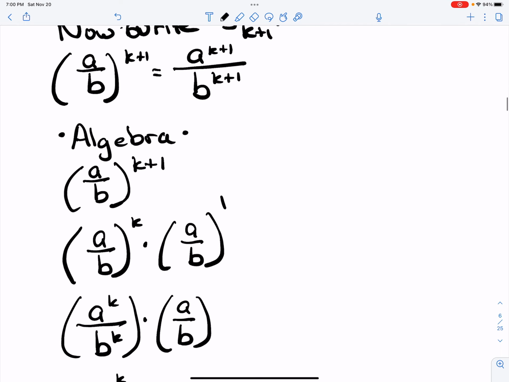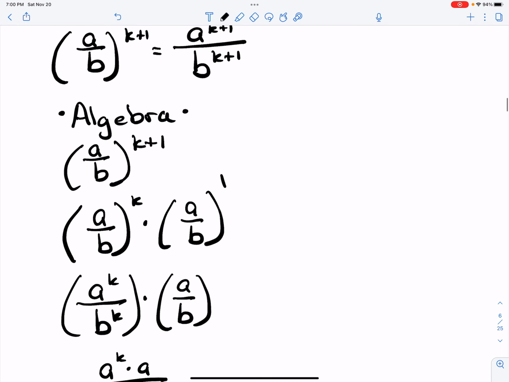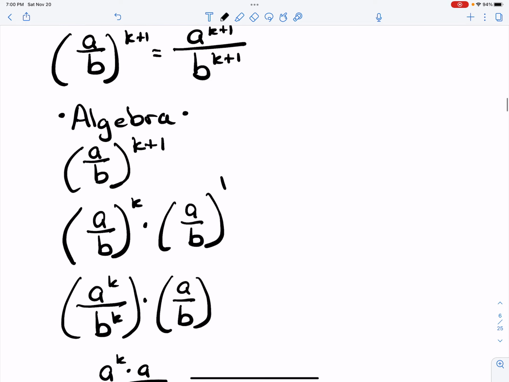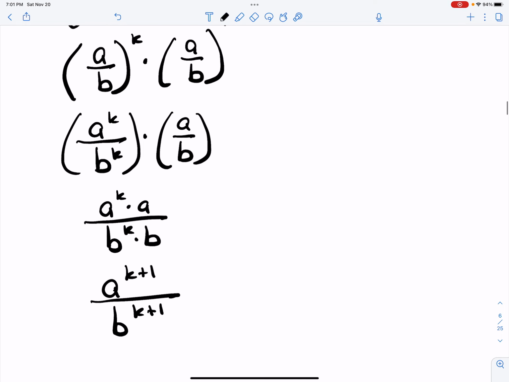So we started with the left side, and we used what we know about multiplying with exponents. We're trying to prove something about using parentheses and a power with a fraction. So we can use what we know about multiplying, and we can also use our induction hypothesis to work it out algebraically and get there.